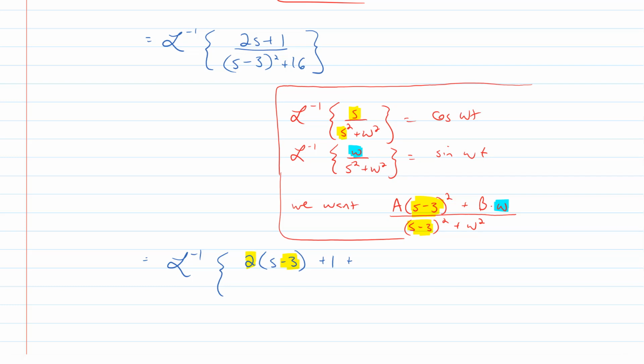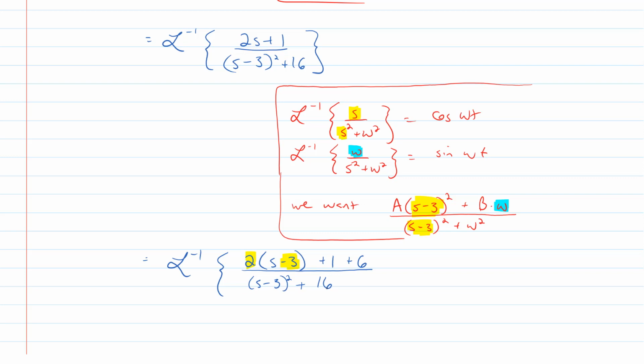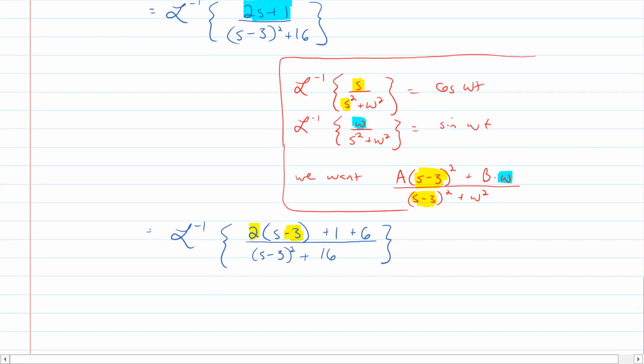So we're going to add a 6, so that we've in effect added 0, over s minus 3 squared plus 16. So if you multiply it out, you get 2 onto s minus 3 gives 2s minus 6, plus 1 plus 6 gives us the 2s plus 1 that we started with. Let's close our bracket here.